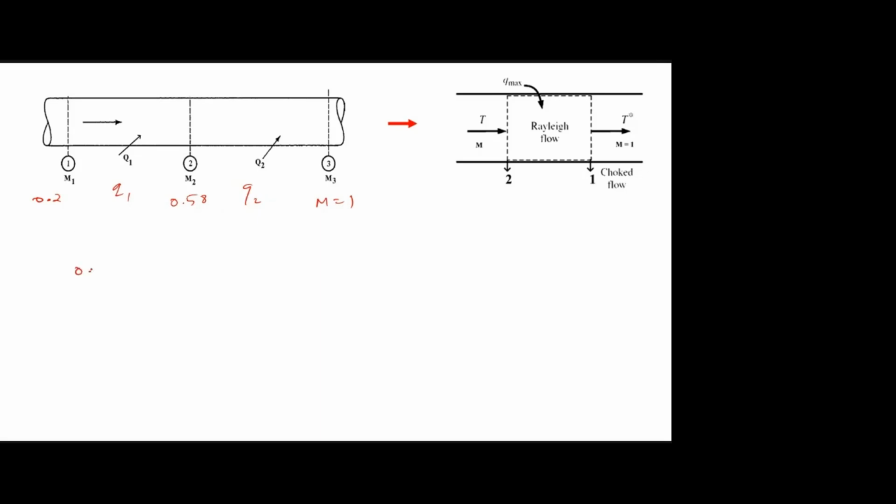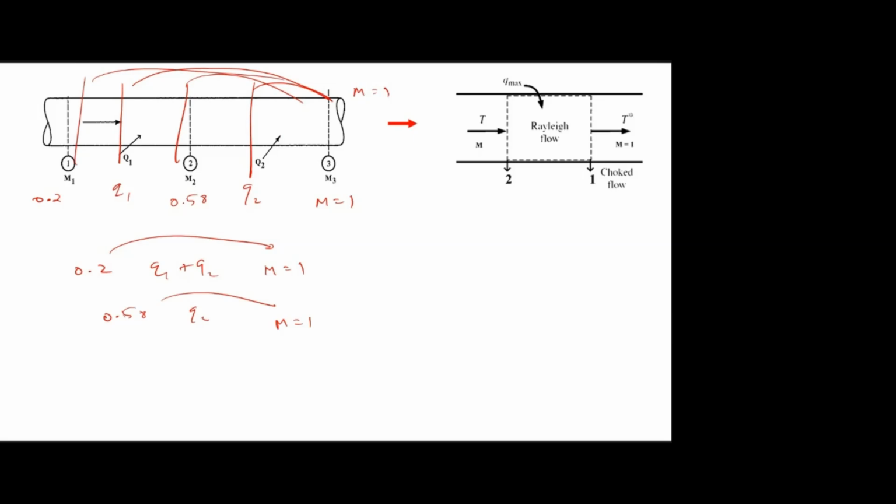So 0.2, if I add Q1 plus Q2, can be accelerated to 1, or this 0.58, if I add Q2, can also accelerate to 1. Like that, I can take any arbitrary station in between, and all those can be accelerated to 1 by giving the proper Q value.